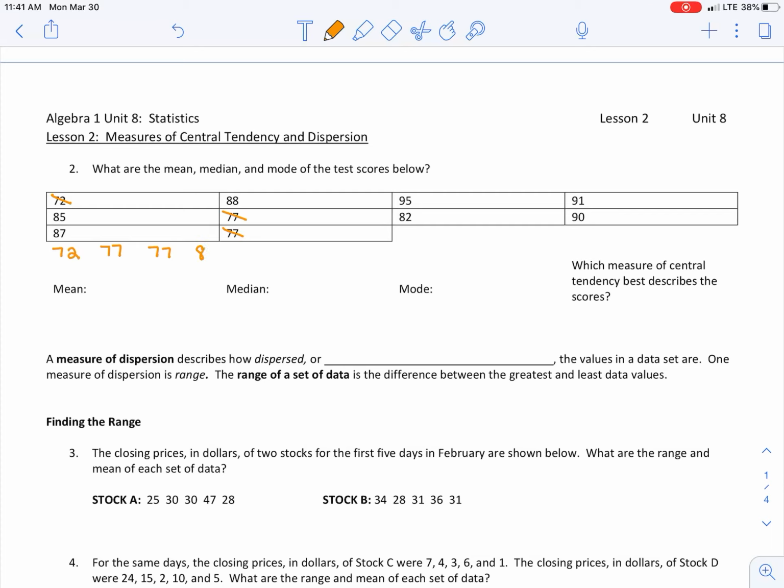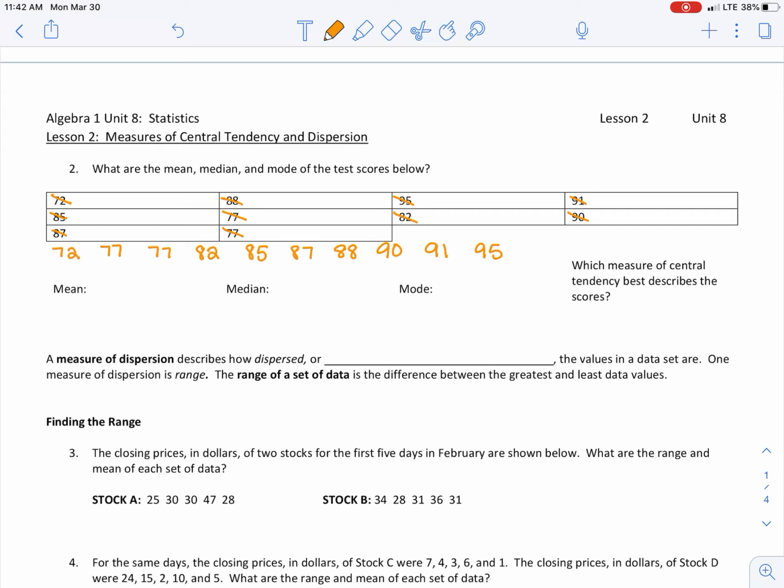Then we're looking at 82, 85, 87, 88, 90, 91, and 95. So that's all of our data in order from smallest to greatest.